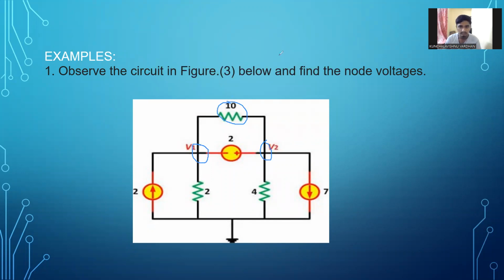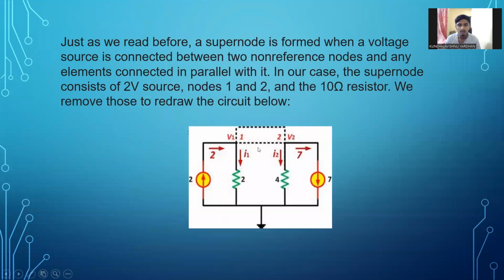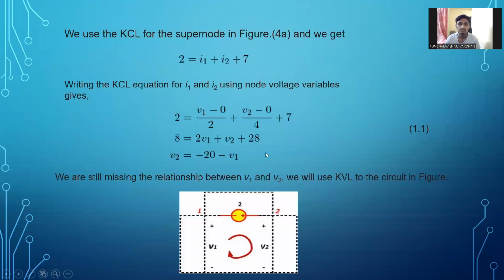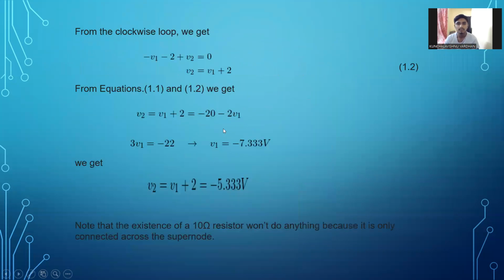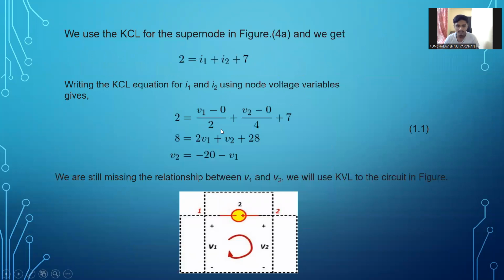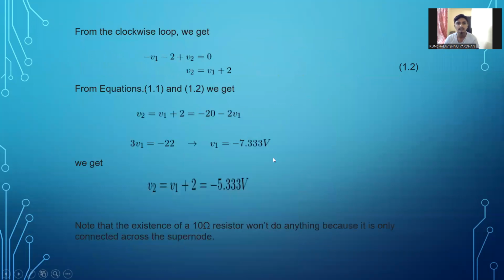By doing this, the circuit looks like this, where V1 and V2 are the two nodes, because three branches are connecting together. When three or more branches connect together, they are called nodes. So this is how we calculate the supernode voltages by applying KCL and KVL.